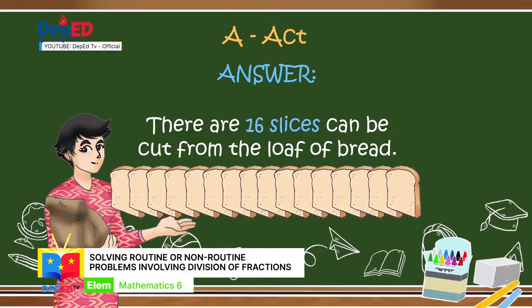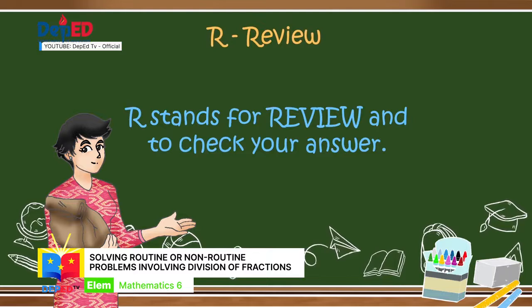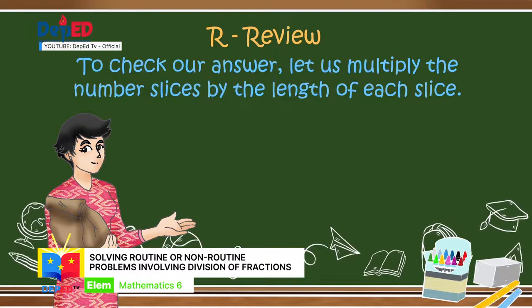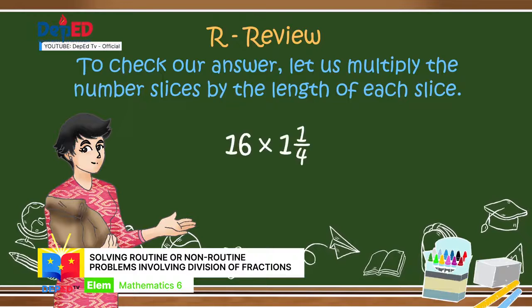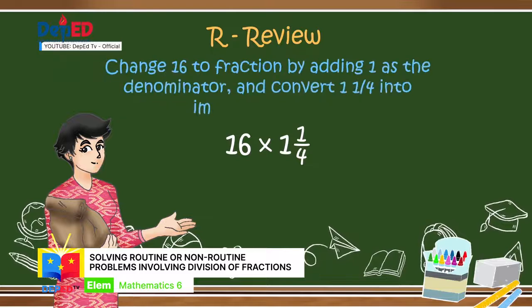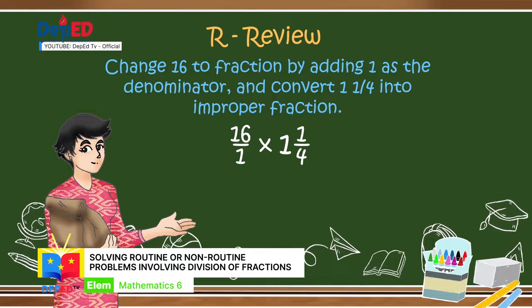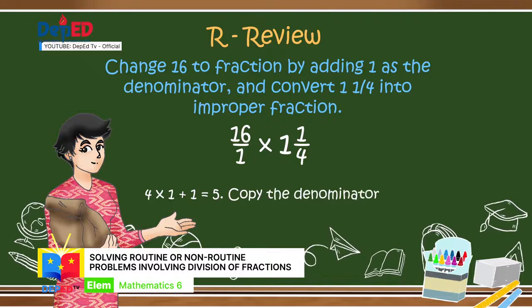And for the last step of solving problem, step 4. R stands for review and check your answer. To check our answer, let us multiply the number of slices by the length of each slice. 16 times 1 and 1/4 equals... Change 16 to fraction by adding 1 as the denominator. 16 over 1 and convert 1 and 1/4 to improper fraction. 4 times 1 plus 1 equals 5.